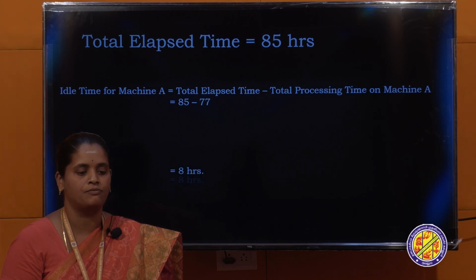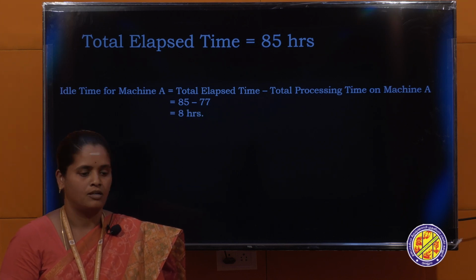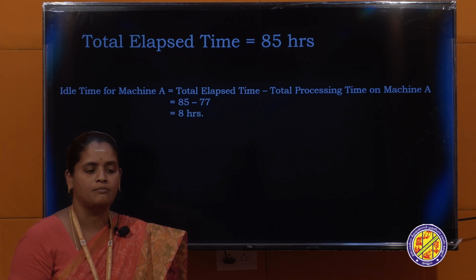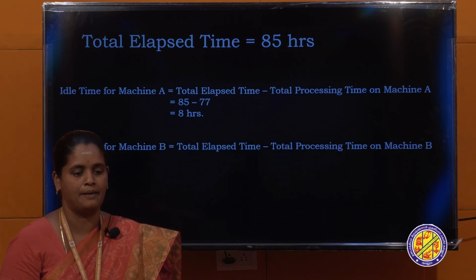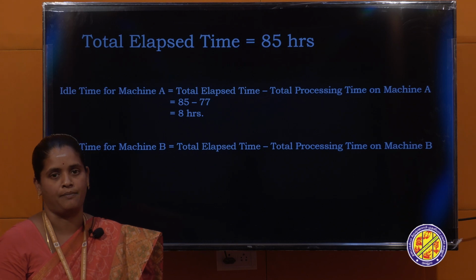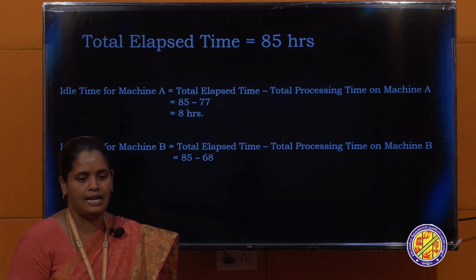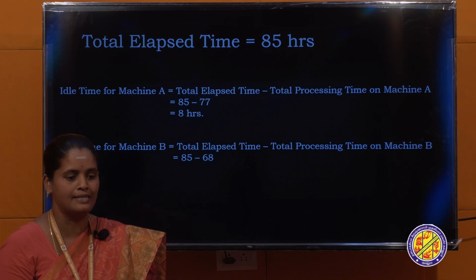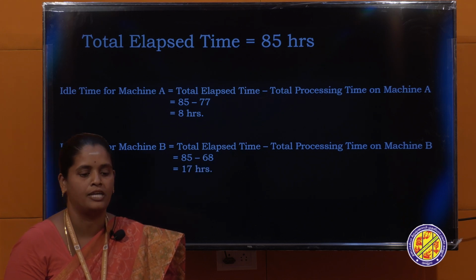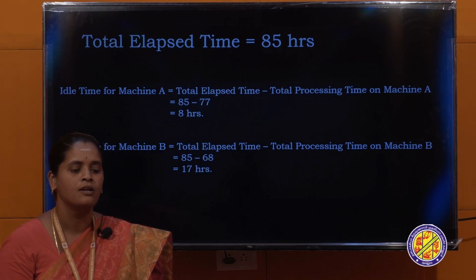Subtracting, we get 8 hours as the idle time for machine A. Similarly, for machine B, the idle time is the total elapsed time minus the total processing time on machine B. The total elapsed time is 85 and the total processing time on machine B is 68. Subtracting, we get 17 hours as the idle time for machine B.